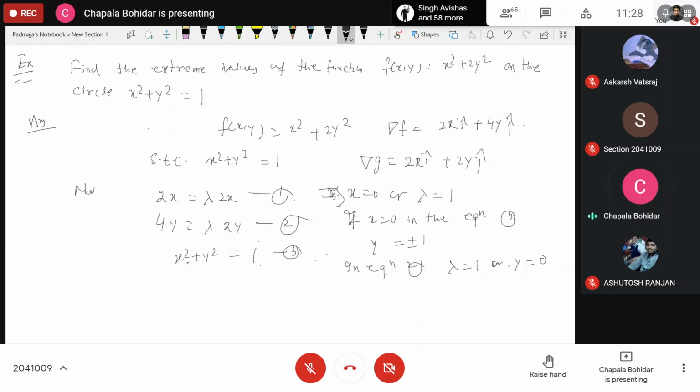So, in equation 3, put y is equal to 0, x is equal to plus minus... So, the possible extreme value at which point? Critical points are? Tell me. Possible critical points are?